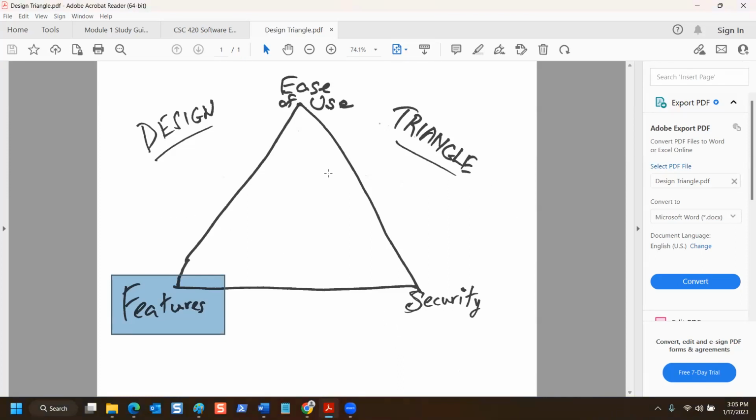I call this the design triangle, and you have three primary criteria for development of any user solution, from operating system GUIs to full-scale systems like Blackboard, which entire universities run off of. When you design this in terms of the solution, it can be chock full of features.